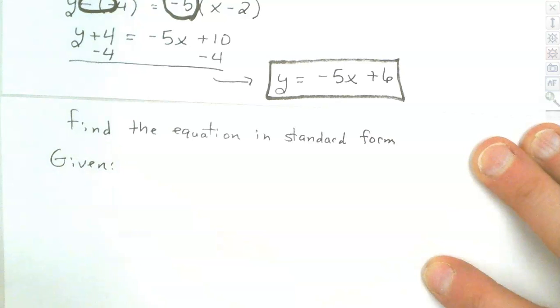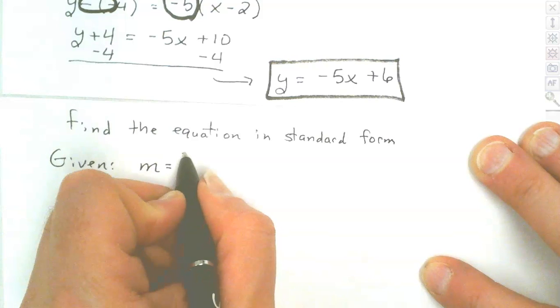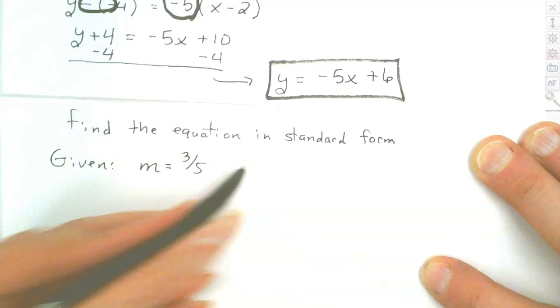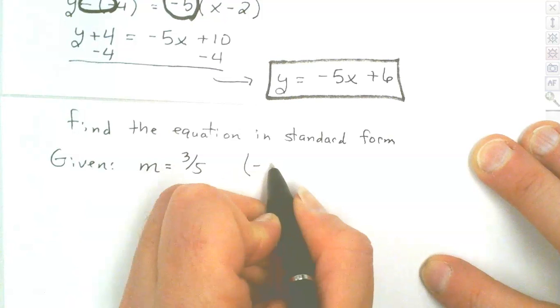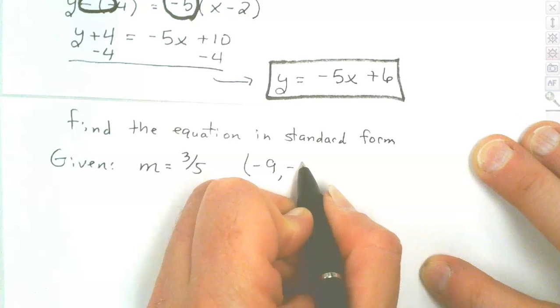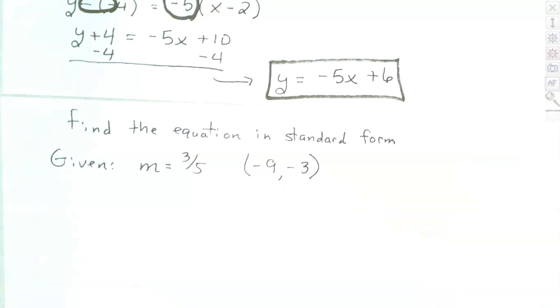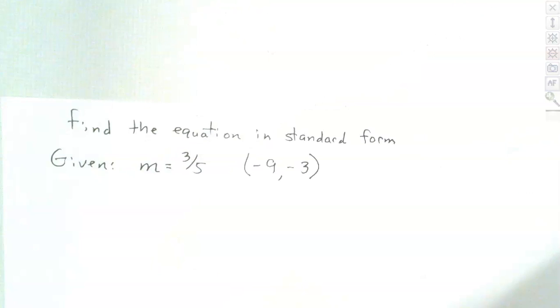You're going to be given a slope of 3/5, and you're going to be given the ordered pair -9, -3. And we want this one in standard form.